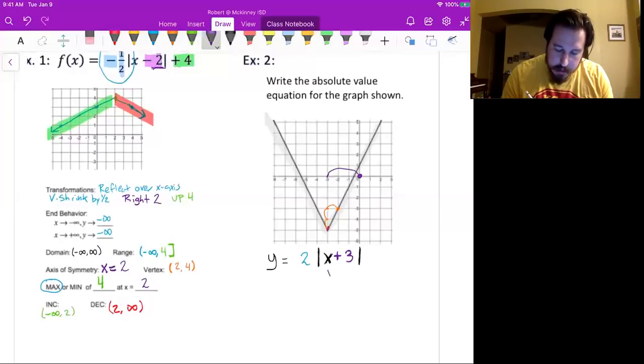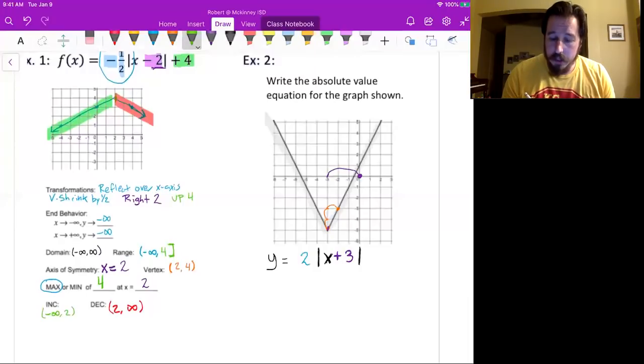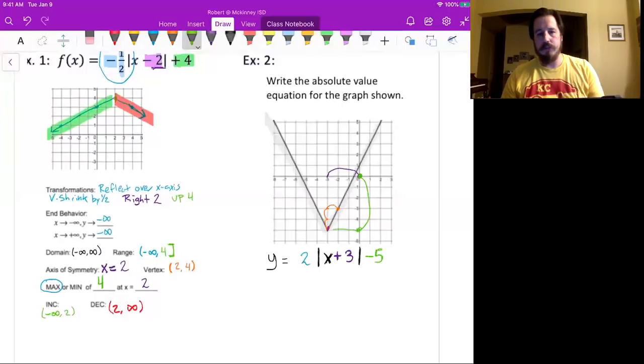Because really it is X minus -3, but I can combine those two negatives to make it plus 3. And then lastly, figuring out how it shifted, if at all, up and down. So again, normally I would start here at (0, 0), but this one shifted down all the way to -5. To make it shift down, my K value has to go shifting down however much it shifted.